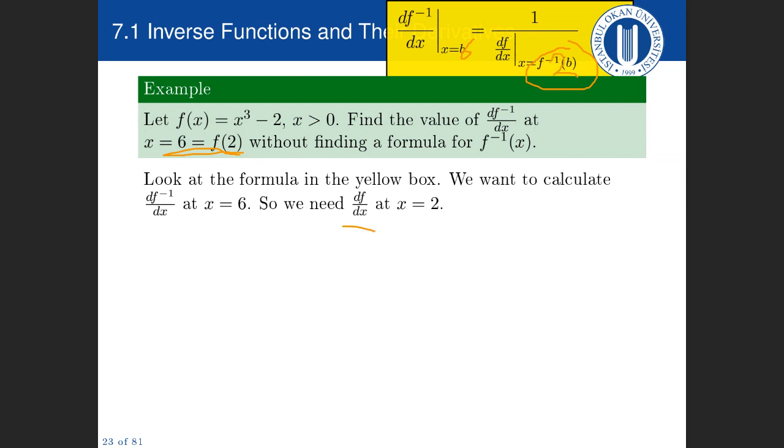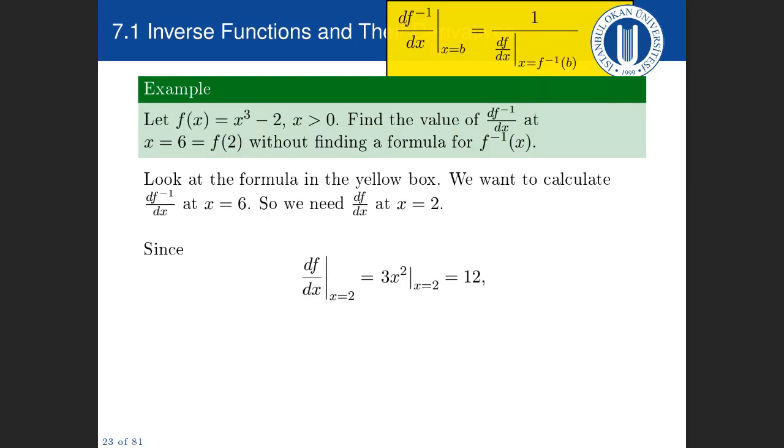So we're going to do df dx at x equal to 2, and then we're going to do 1 divided by this number. Well, df dx at x equal to 2, that's 3x squared at x equal to 2, or 12. And then we're going to do 1 divided by 12 to get the answer. df inverse dx at x equal to 6 is 1 divided by df dx at x equal to 2, or 1 divided by 12.